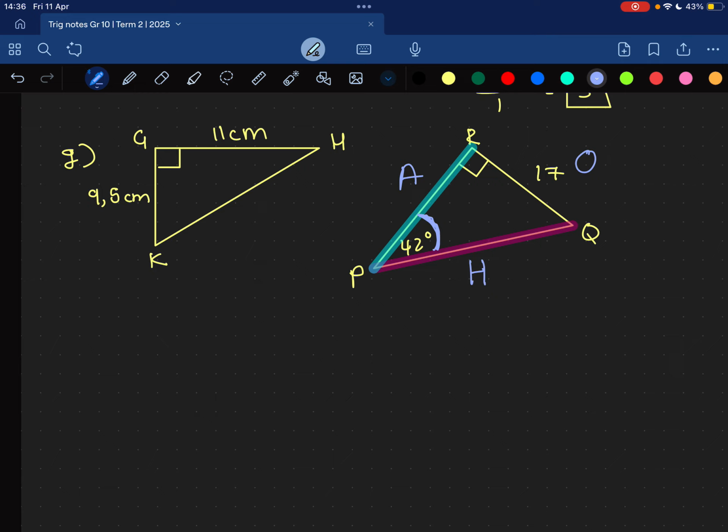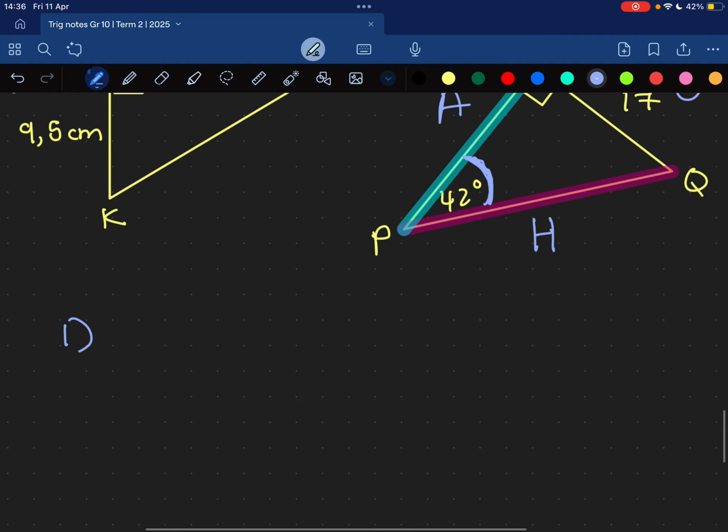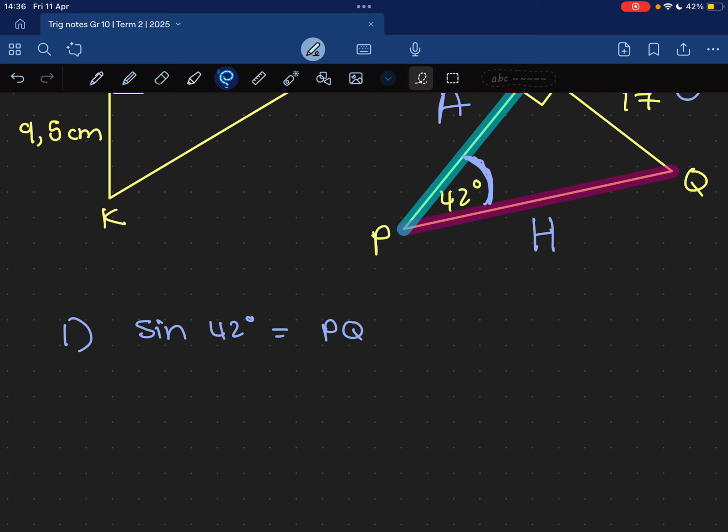So in order to find, we'll start with PQ, seeing that it's the hypotenuse. We are given opposites. We want hypotenuse, so we can use sine. So we'll say sine of 42 degrees is equal to 17 over PQ. Okay, opposite over hypotenuse.